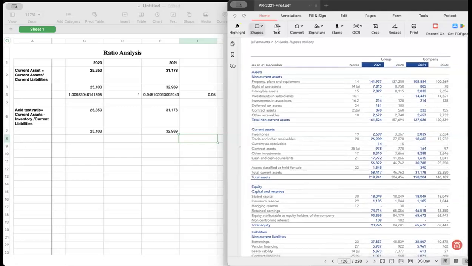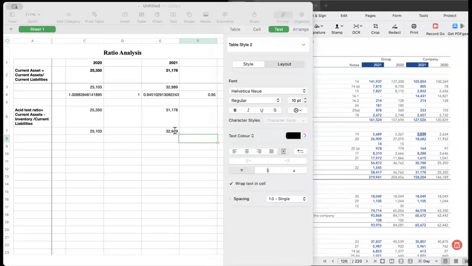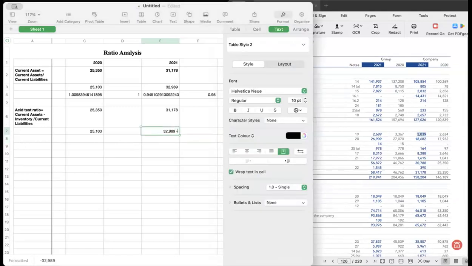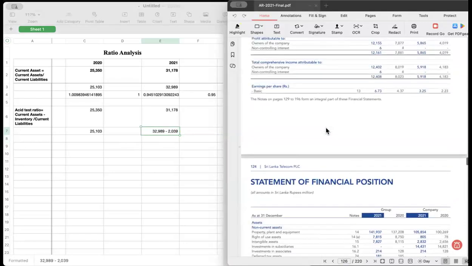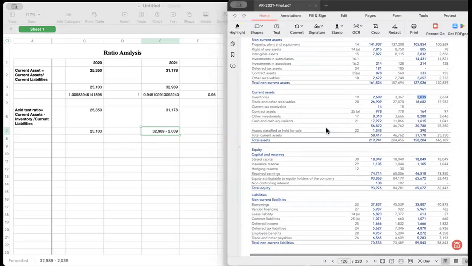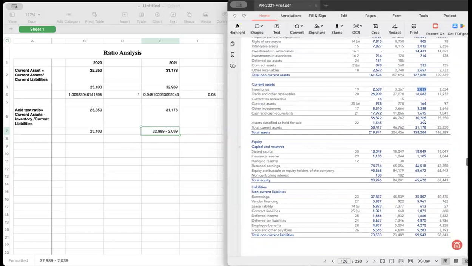So here you're going to take the inventory amount, which is 2039 for 2021. Wait, did I take it right? I hope I took the entries right. Wait a minute. Wait, total assets, current assets 31,178, 2021.